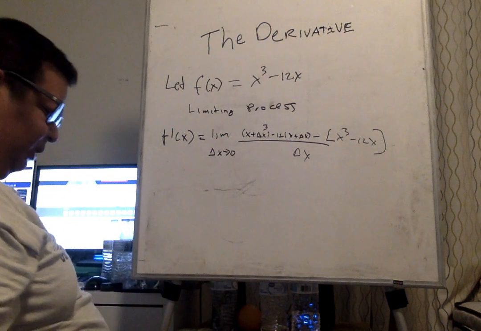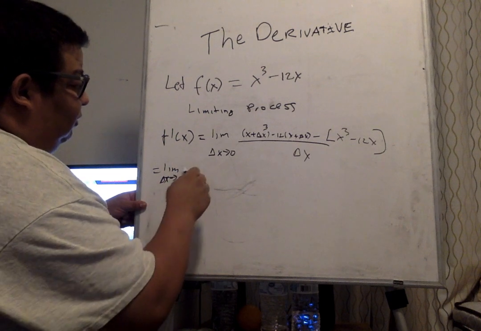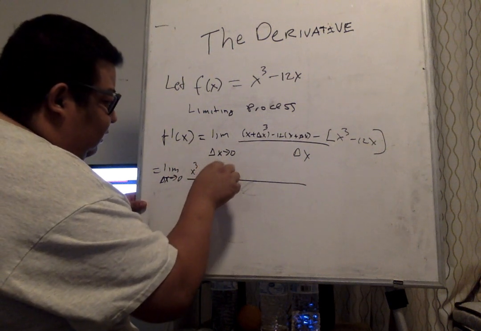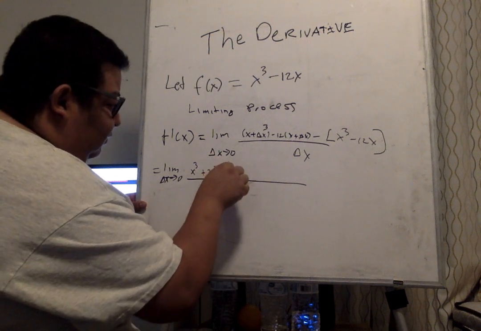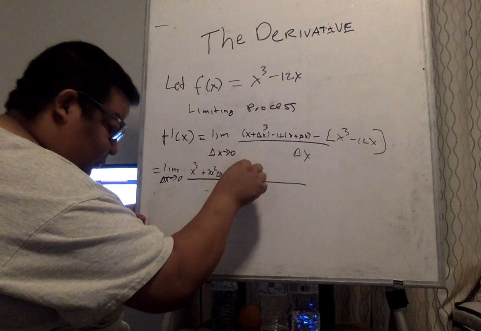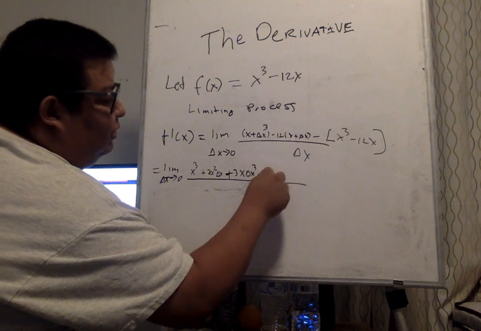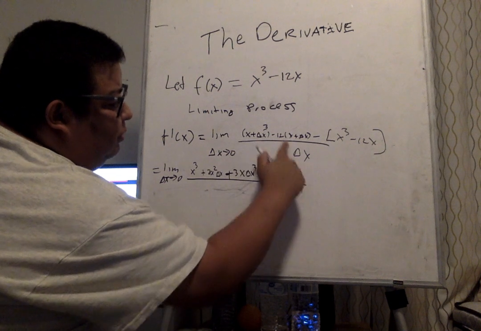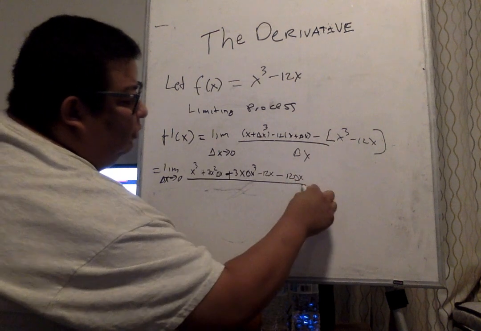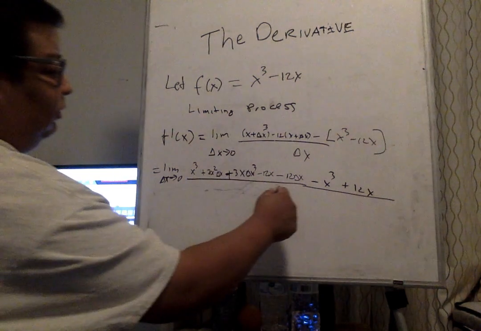This here I already computed for you, so that's gonna be the limit as delta x approaches 0 of x cubed plus 3x squared delta x plus 3x delta x squared plus delta x cubed, and then minus 12x, and minus 12 delta x, because the minus distributes, and then minus x cubed plus 12x, all over delta x.